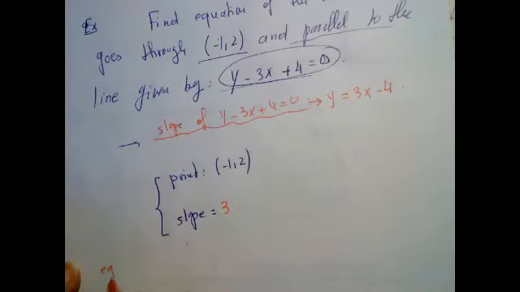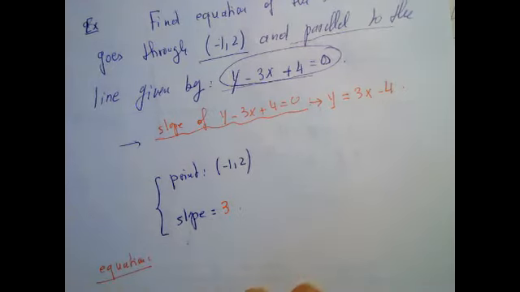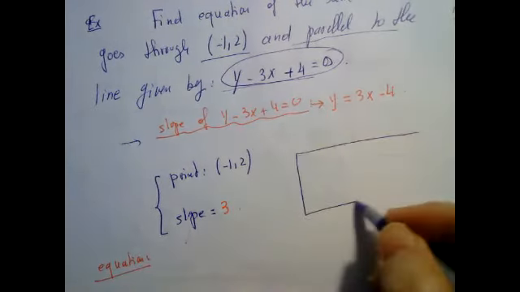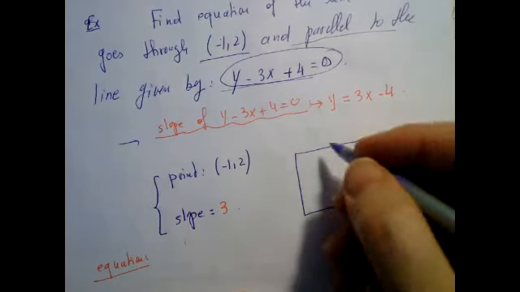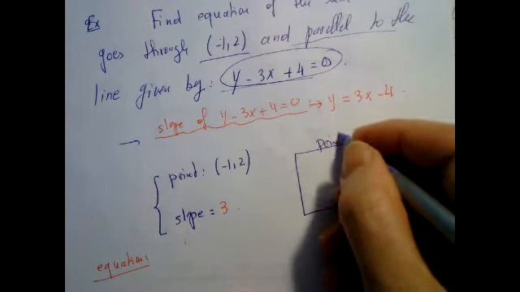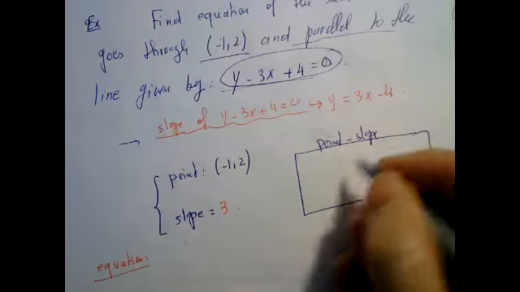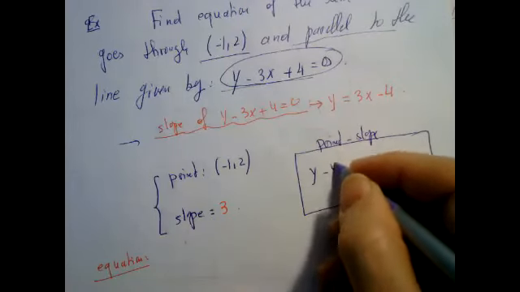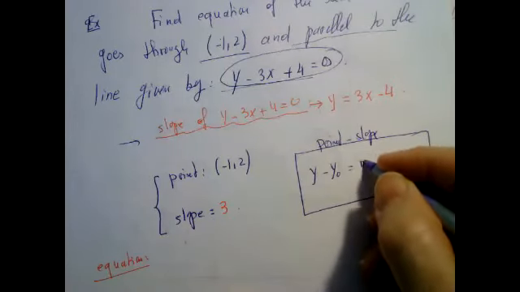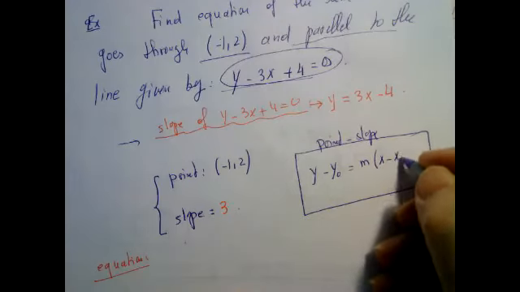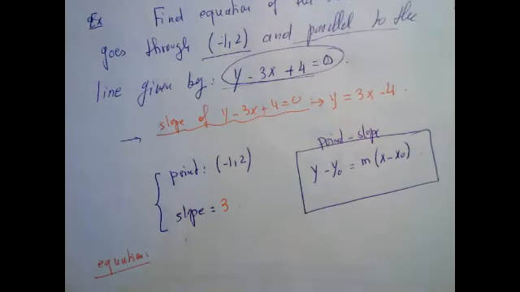And now the equation. You can use the point slope or the slope intercept. So let me remind you the point slope. It's y minus y0 equals the slope times x minus x0.